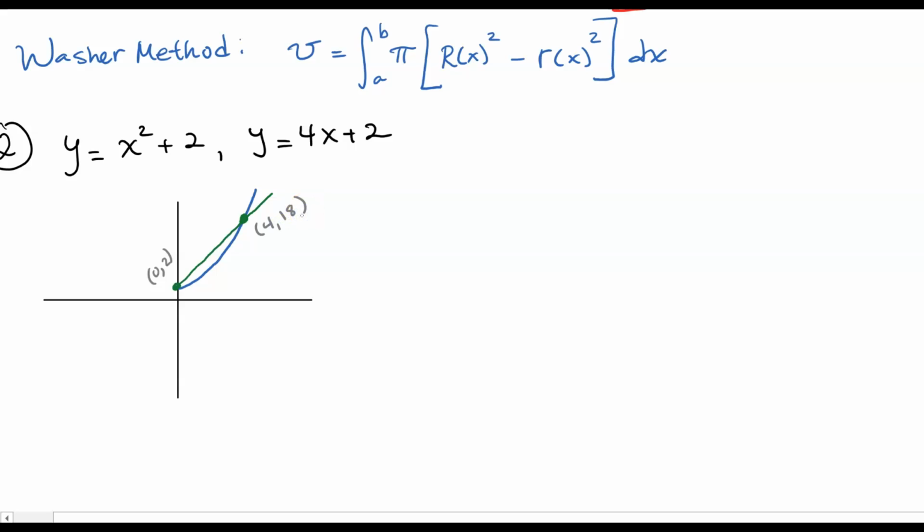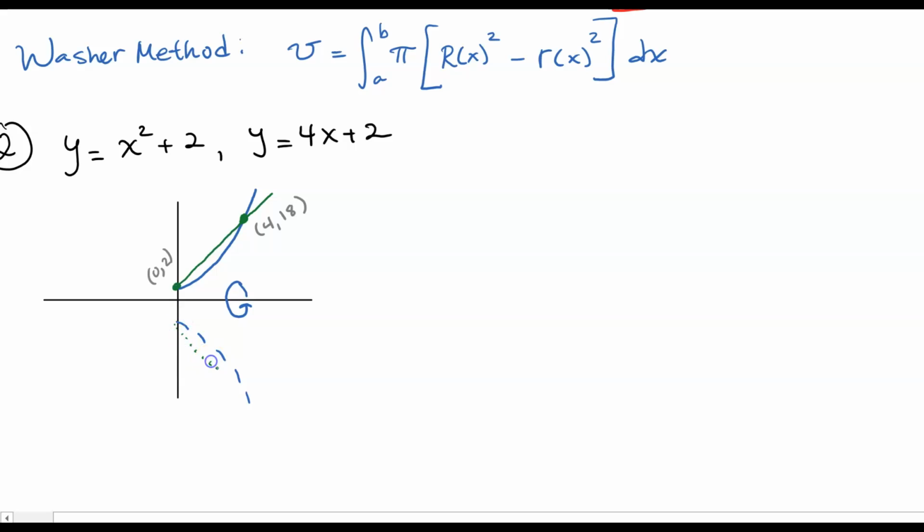Okay, and so what we're doing is, again, we are rotating it about the x-axis right there. And if you wanted to visualize it, it's going to look maybe something like this. Something like that. And then here's the green one.